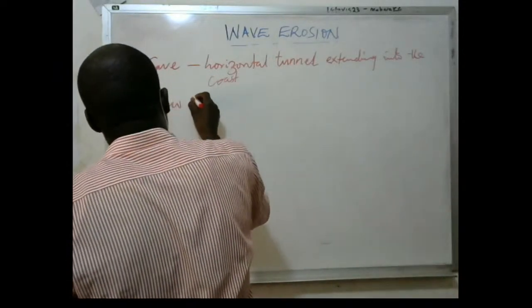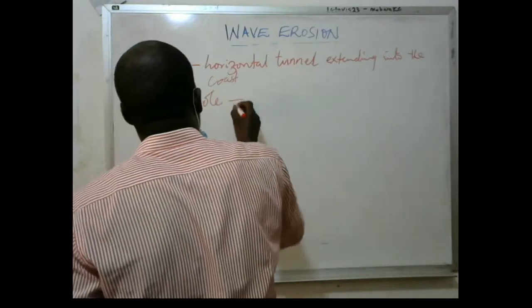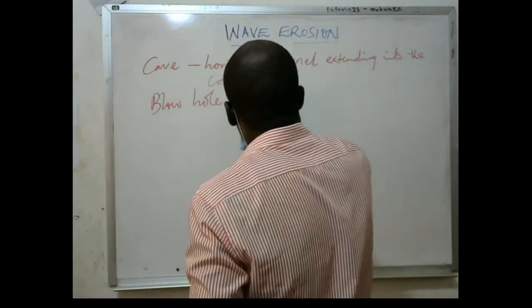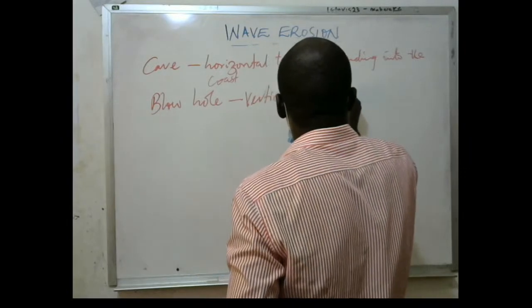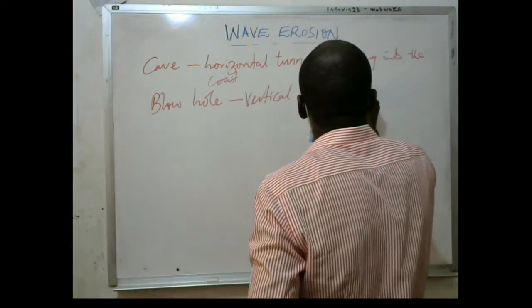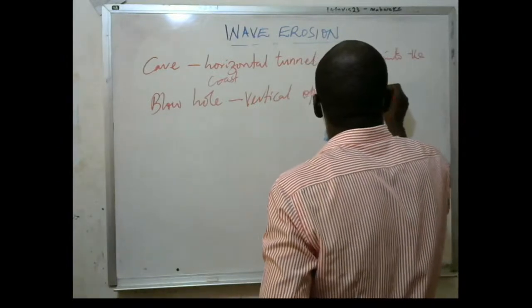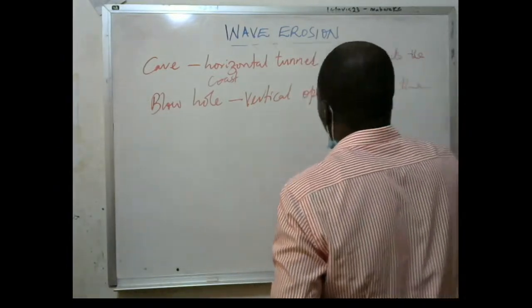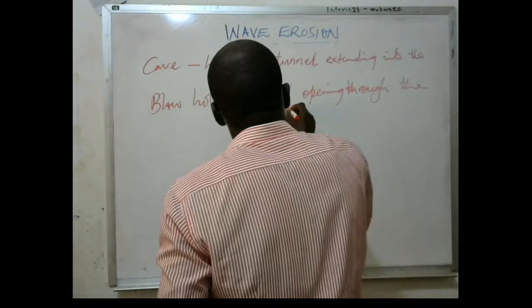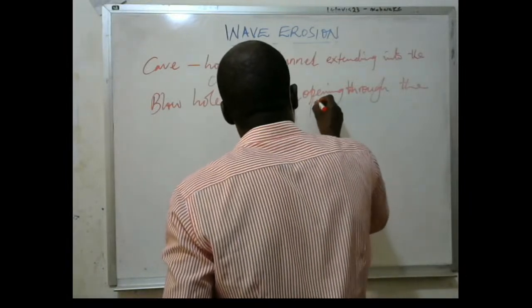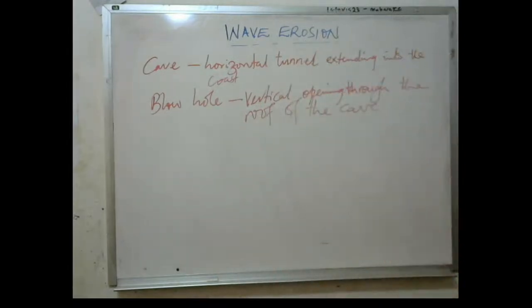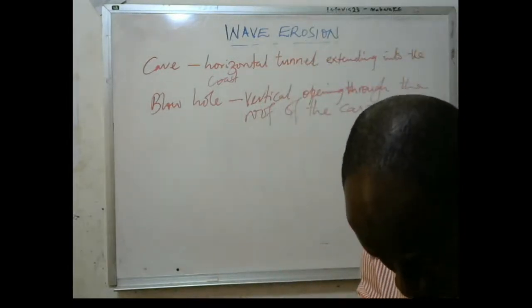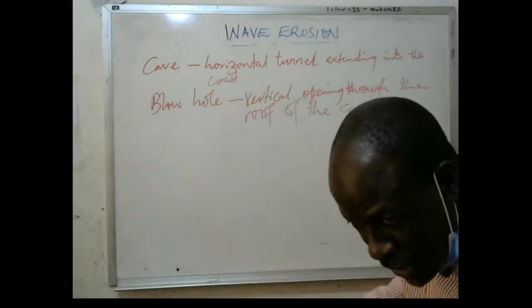So our blowhole also forms. We shall call it a vertical opening through the roof of the cave. A vertical opening through the roof of the cave forms because of the water continually splashing upwards, and by doing so, it is what we call hydraulic action.